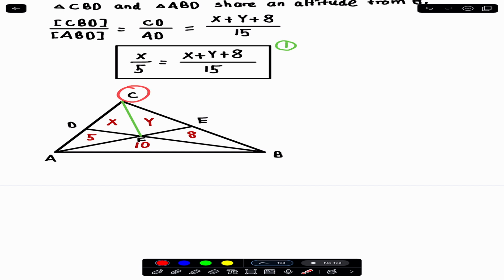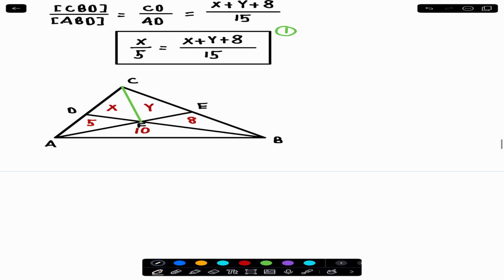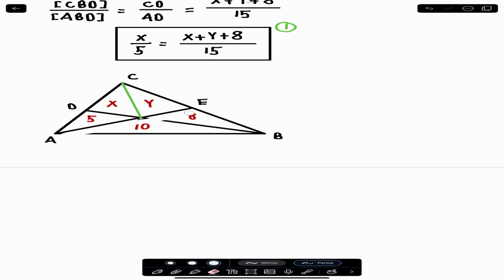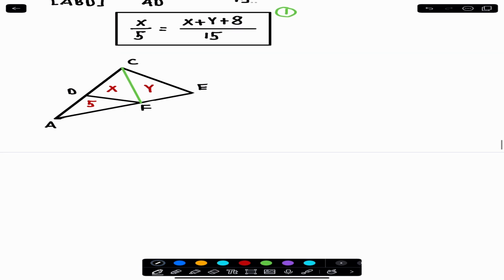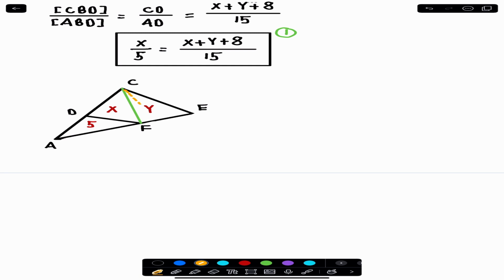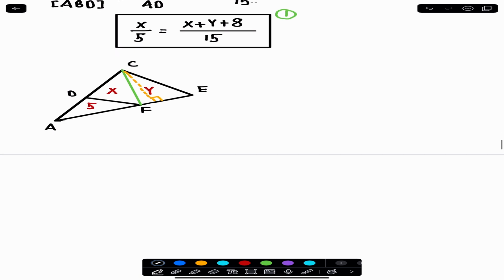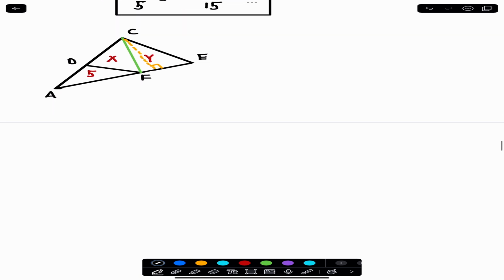Because these 2 triangles share an altitude from point C. Let's drop it. So notice now, triangle ACF and triangle ECF share an altitude from C.